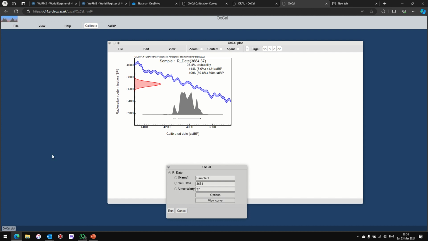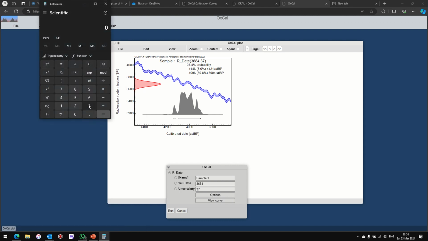So if I talk about the extremes, 3684 minus 37 would be 3647, and that doesn't seem to be the case here. 3500, 3600, and 3684 plus 37 will be 3721, and it's going up to 3800.